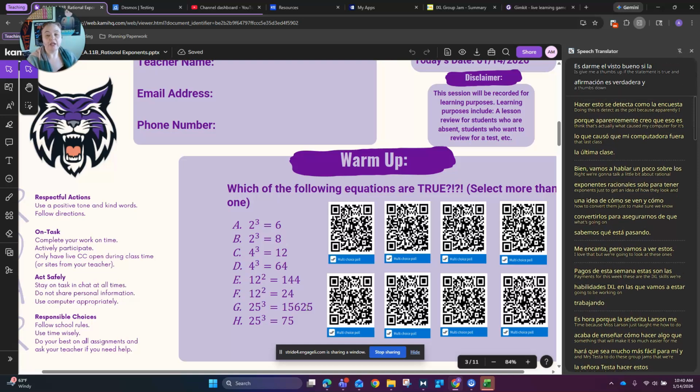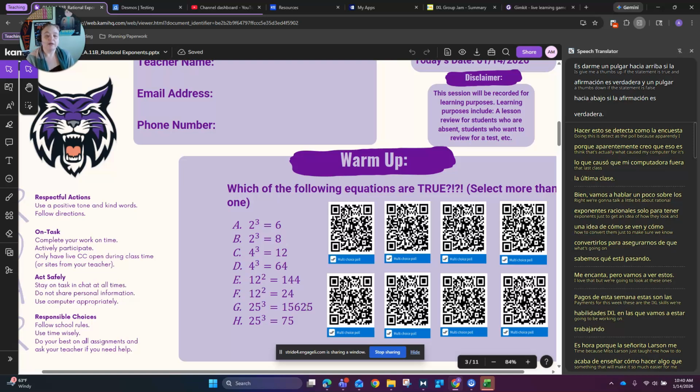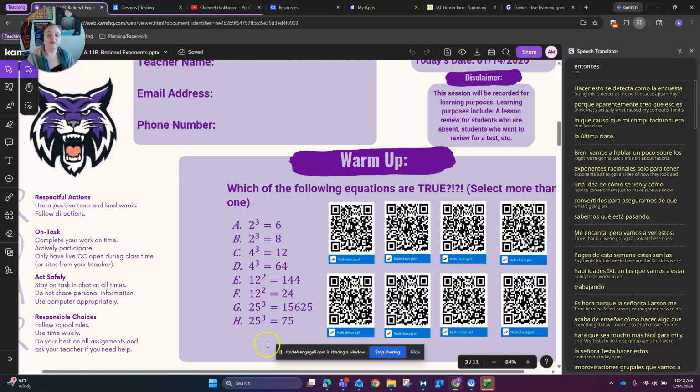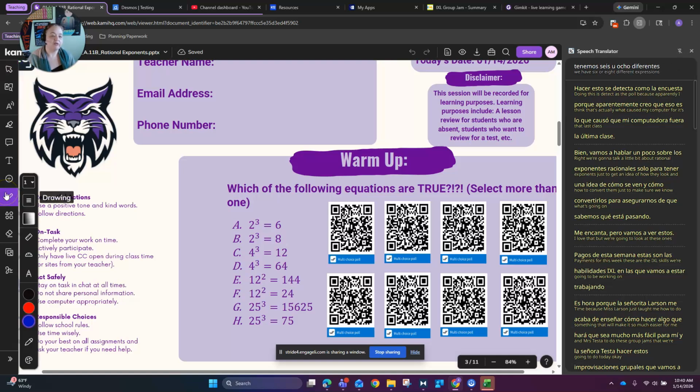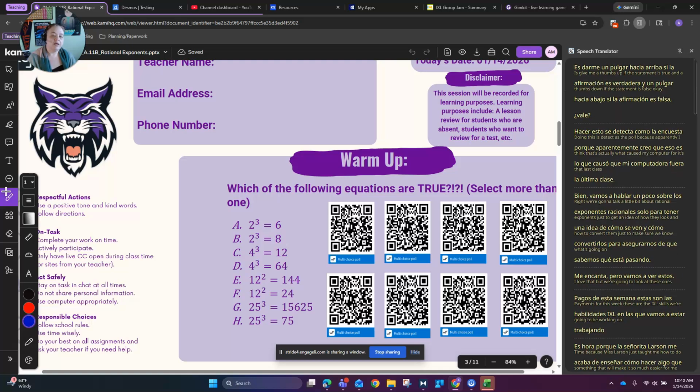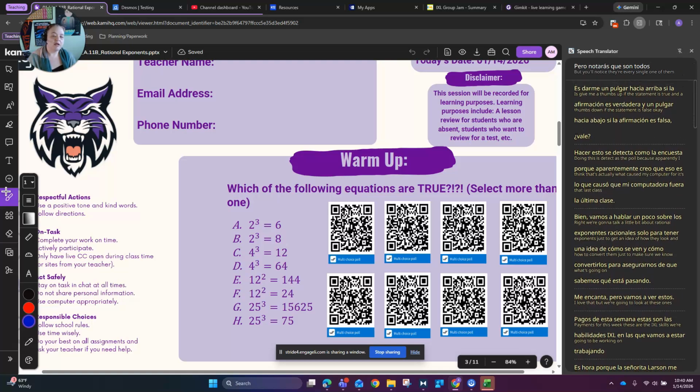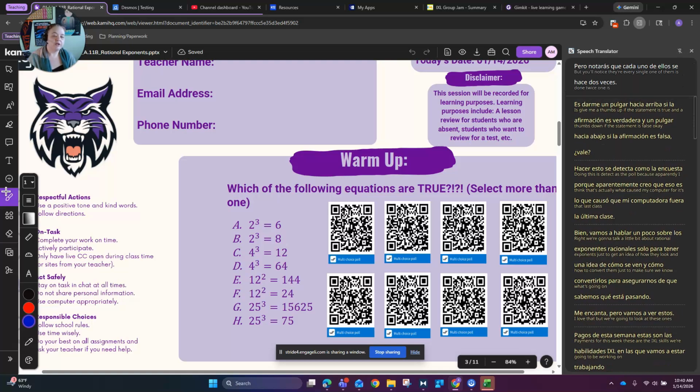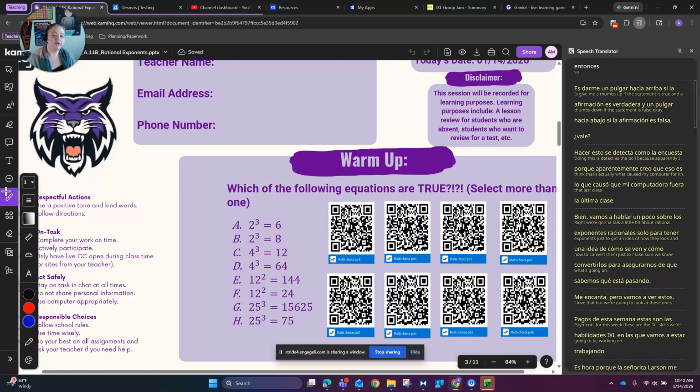So, looking here at the warm-up, we have 6 or 8 different expressions, but you'll notice that every single one of them is done twice. One is true, one is false. So, 2 to the third: is 2 raised to the third power 6, or is 2 raised to the third power 8?